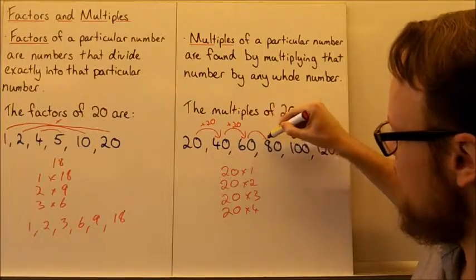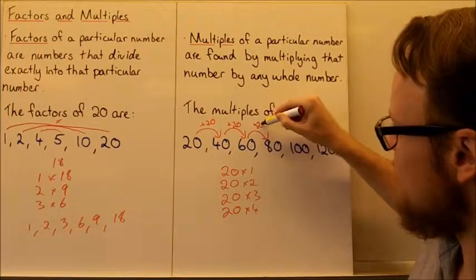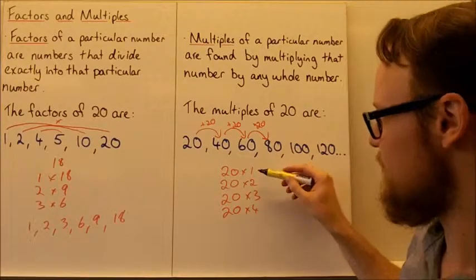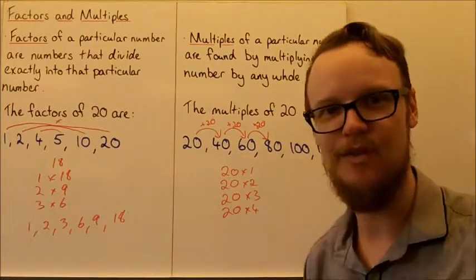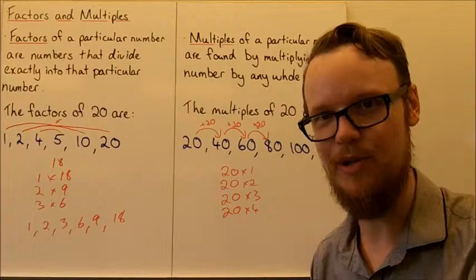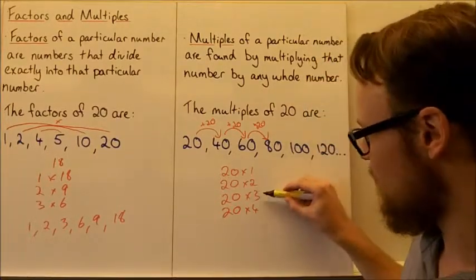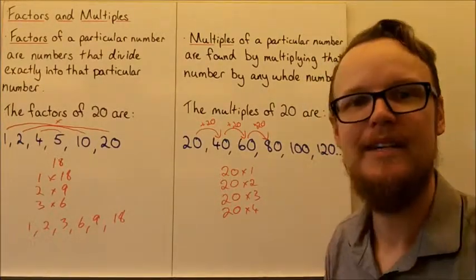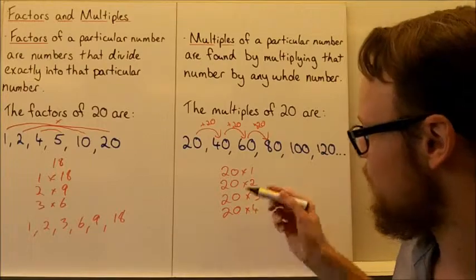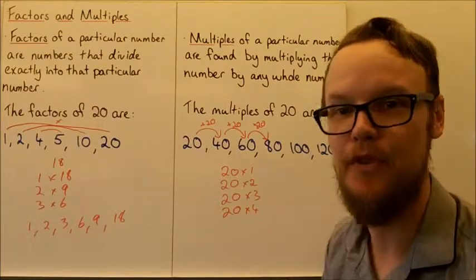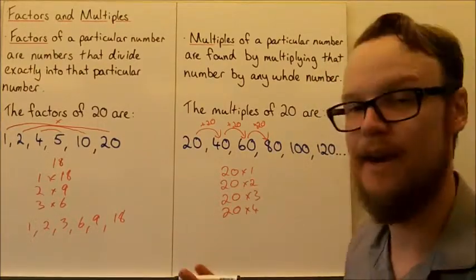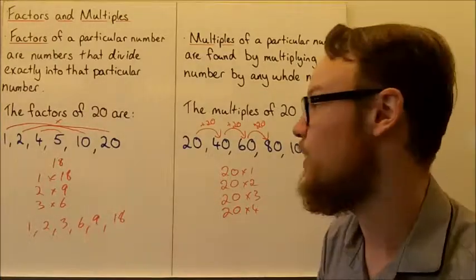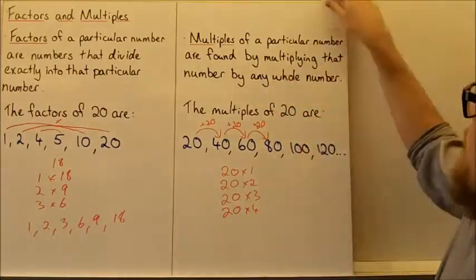We can see that pattern there. The reason is that the first time we've got one lot of 20, then 2 lots of 20, then 3. So we're adding 1 lot of 20 each time. That's why we're seeing this pattern. So to find any multiple of a number, you need to multiply it by whole numbers.